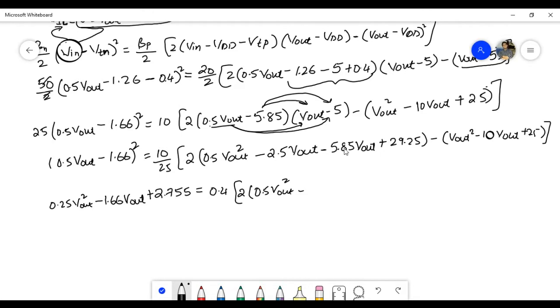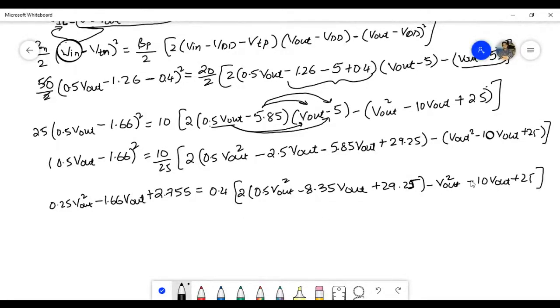So 2.5 will be how much? 5.85 plus 2.5 will be 8.35 V out plus 29.25 minus V out square minus 10 into V out plus 25.